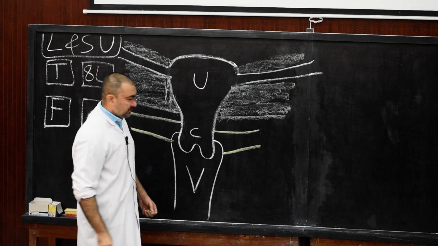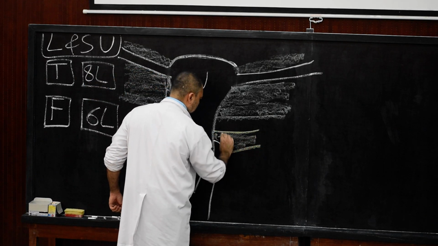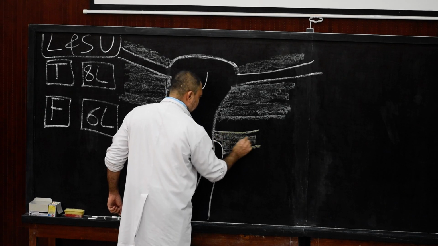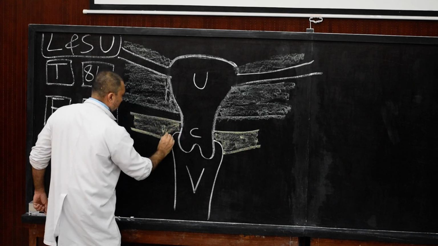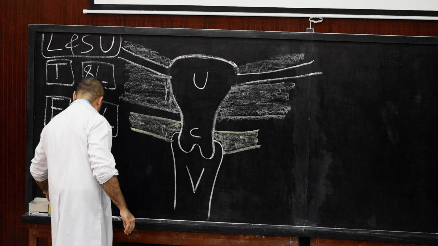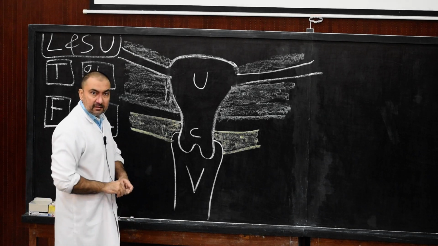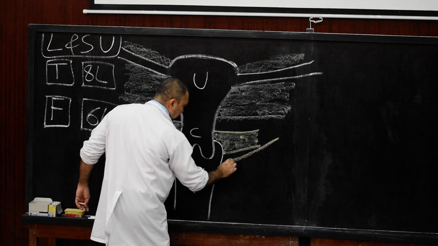It is a fan-shaped ligament. So here we draw this transverse cervical ligament, and after drawing it, lower down, we will draw the levator ani in a different color. We draw the levator ani in this way.